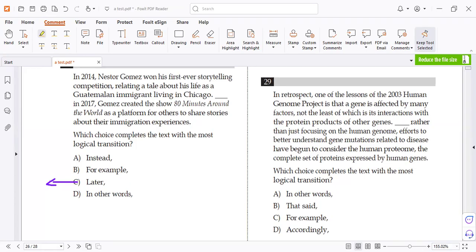Then it's supposed to be accordingly, D. 29 D, cause and effect, correct.